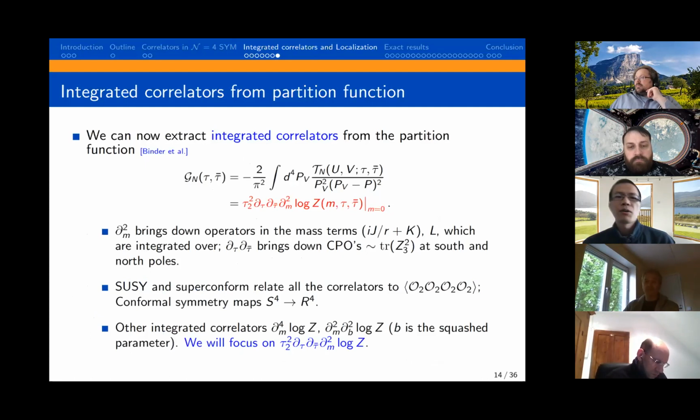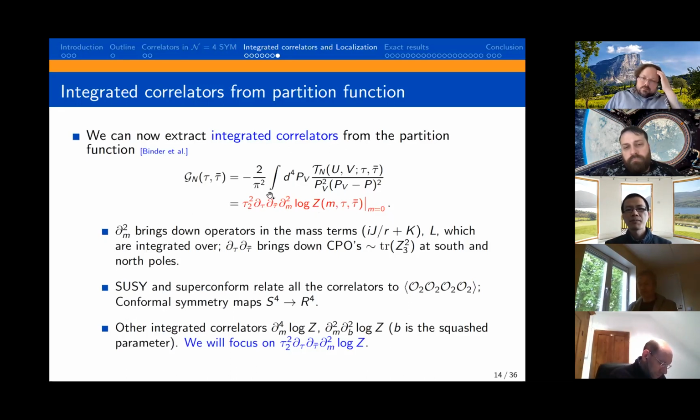Okay, so I went through a little bit about the localization, namely the partition function for this particular theory, N=2* super Yang-Mills on S4. The reason I introduced that is because there's a relation between this integrated correlator I introduced earlier and the partition function.